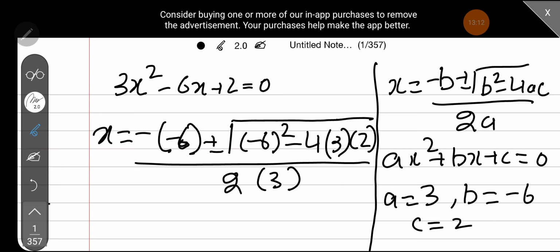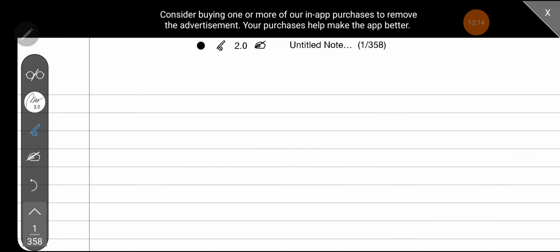Now if we multiply the minus sign with 6, it will become plus.